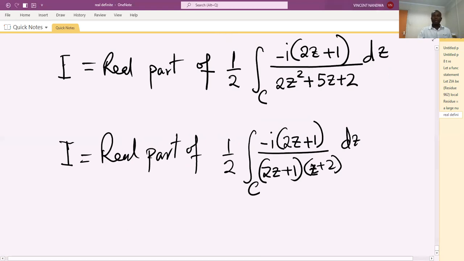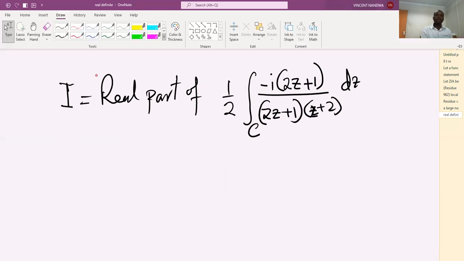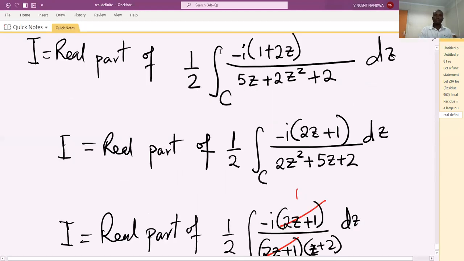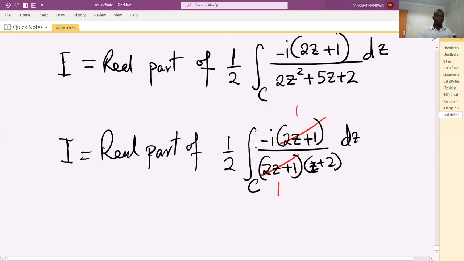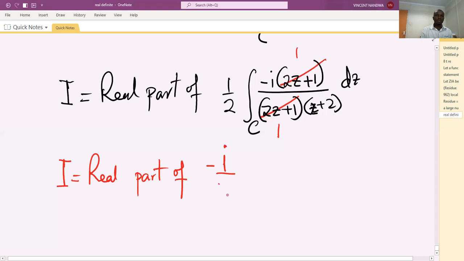So you see, by doing this, some terms will cancel out. This term cancels out. So we'll have I is the real part of, I factor out negative i over 2, integral along C of 1 over (z plus 2) dz.